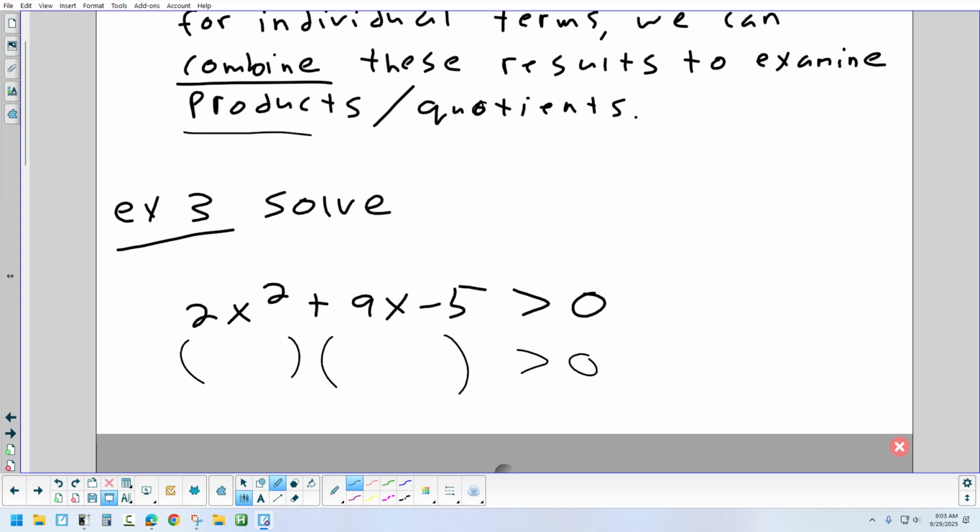What's going to be my first term in each parenthesis? I'm going to need a what and a 1. Yeah, Lance? Would you need an x and a constant? We are going to need an x. I like that. That's good.